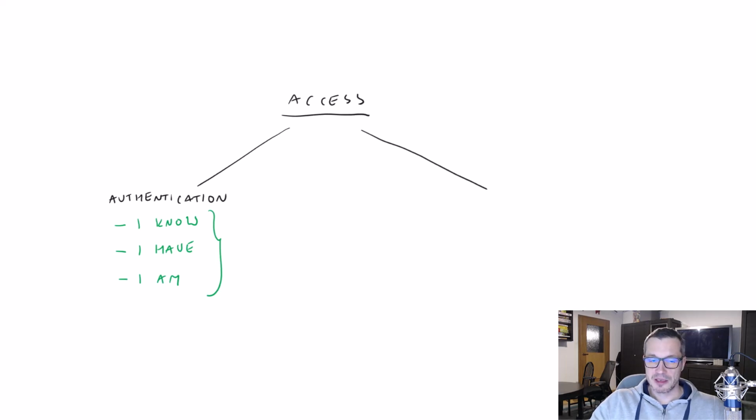So, as a good practice, it is advised to use at least 2 categories of those authentication methods at the same time. For example, to get access to Azure, you might have to provide your username and the password. And apart from that, you might need to approve the login request using Microsoft Authenticator app.